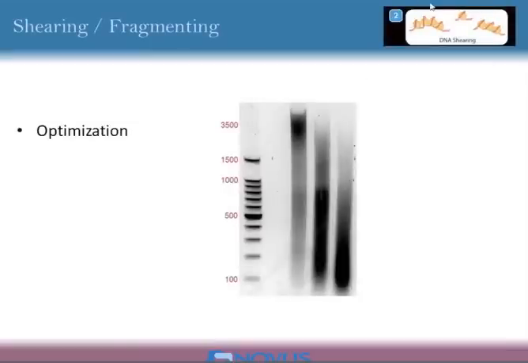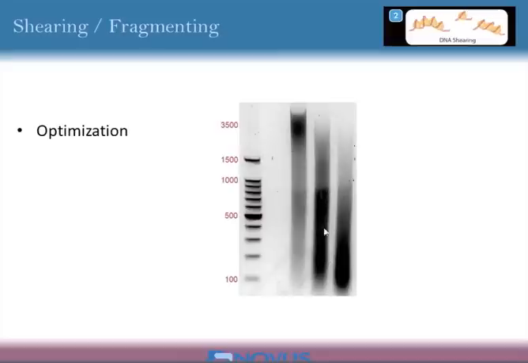So first of all, the DNA shearing phase here, phase 2. One of the most common troubleshooting phases of ChIP is this phase here, in properly optimizing your fragmenting of your DNA. So what we have here, if we look at this first picture, is a ladder going anywhere from 100 base pairs to 3,500. And what we want is our DNA to be sheared roughly from 100 to 1,000 base pairs right here.